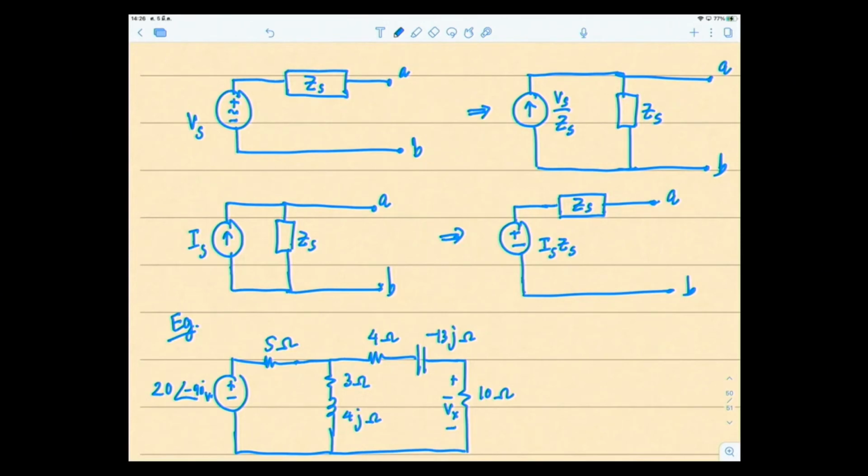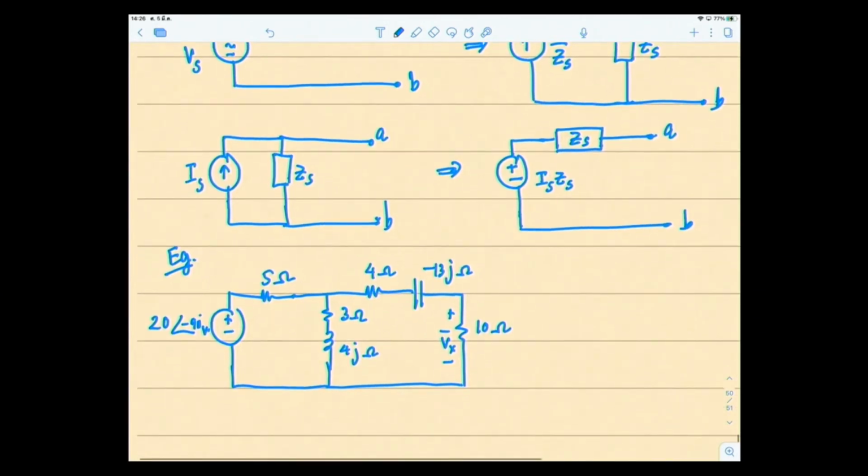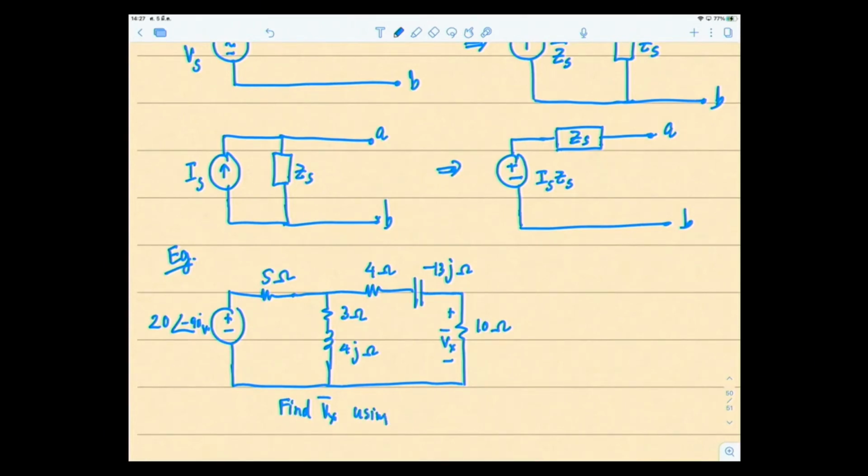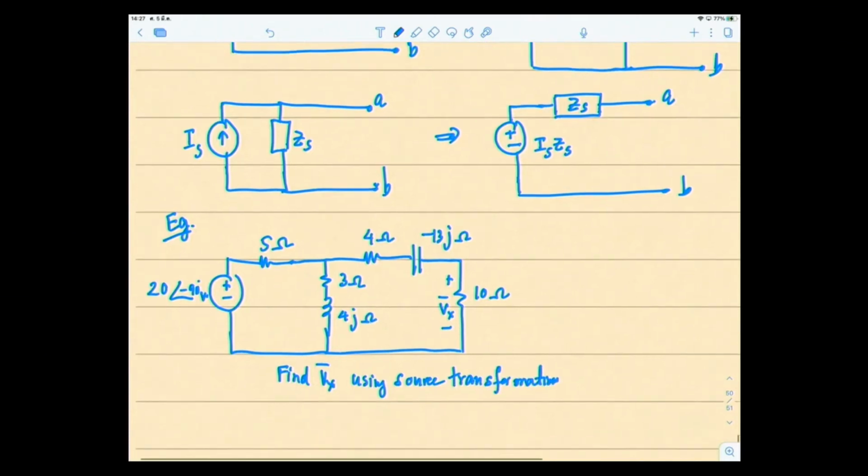Find Vx. So the problem is find Vx. Okay. Find Vx using source transformation and other tools, like Ohm's law or dividers or something. But start with a source transformation.